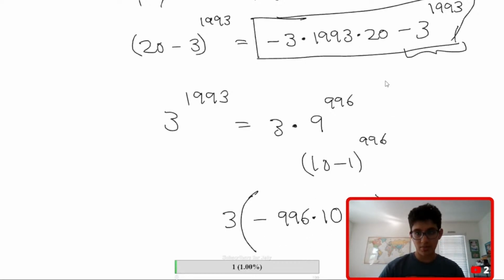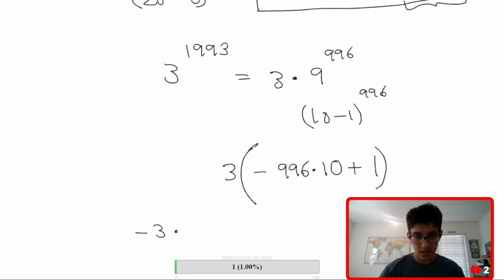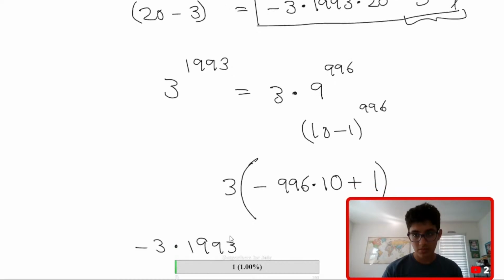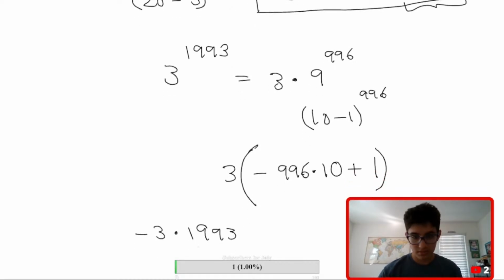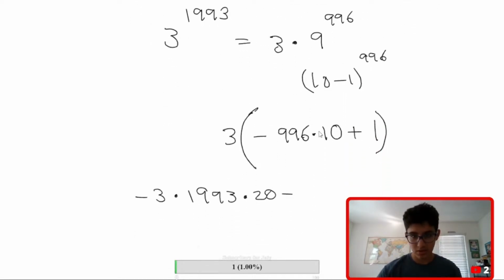Now we just plug that back in over there. So what do we have? We've got negative 3. Wait, can you see all this stuff? Yes, you can. Let me just scroll down a bit. Negative 3 times 1993 times 20 minus, and then it's just all of this. So it's minus 3 times 1 minus 9960.